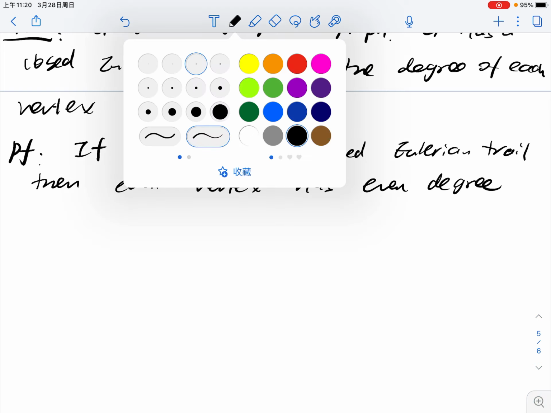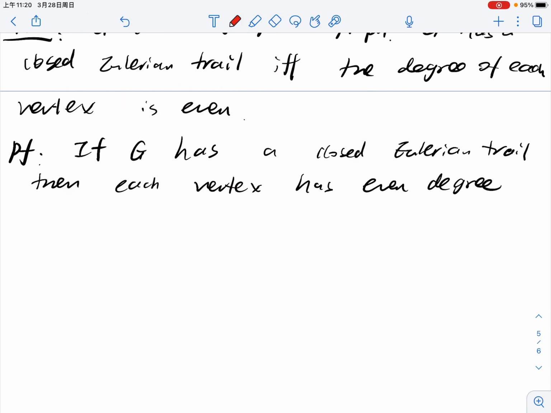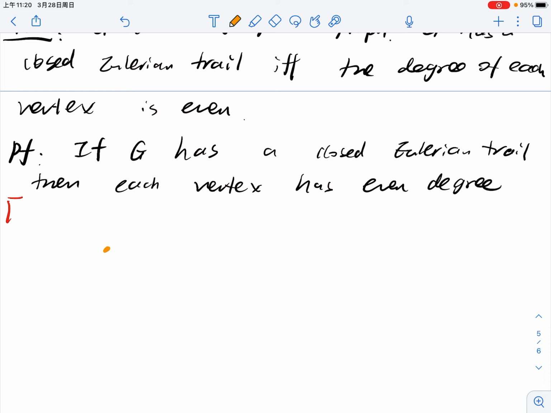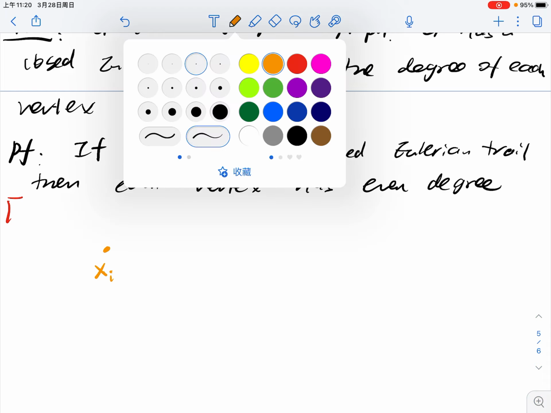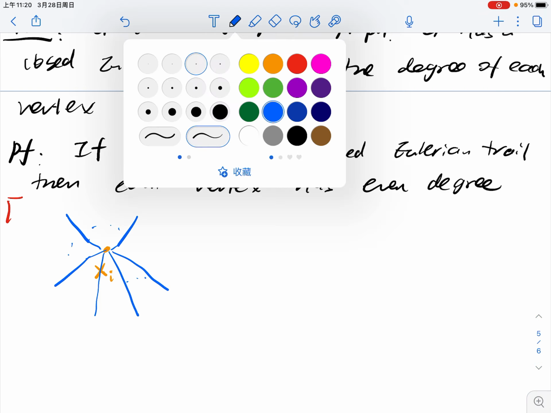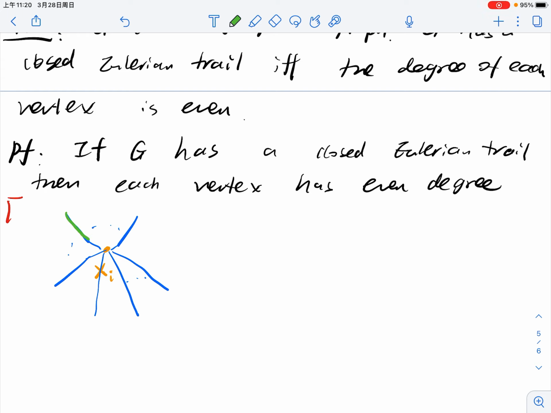This is because, for any vertex, whenever you have an edge in, you should have an edge out.